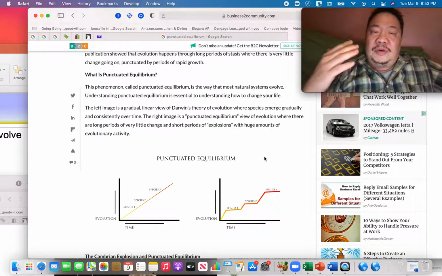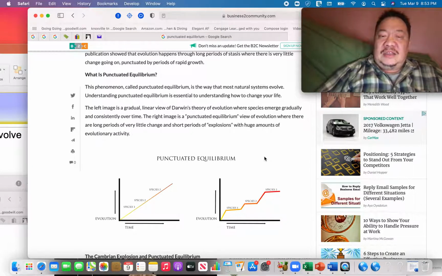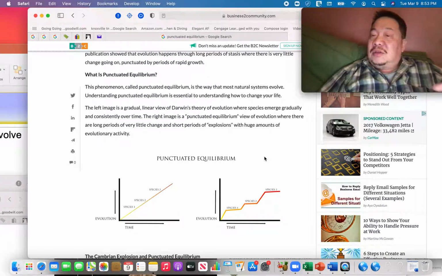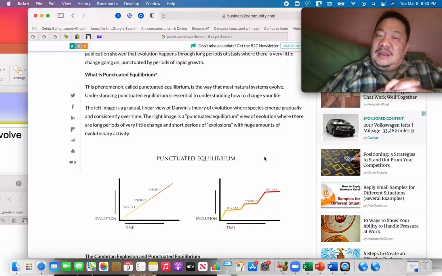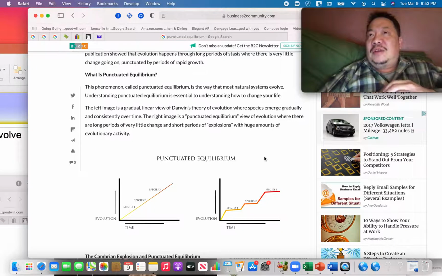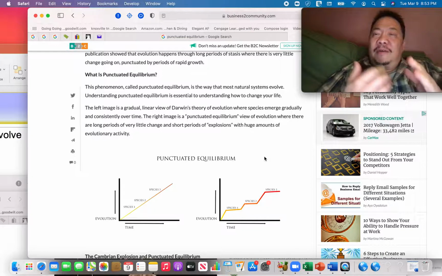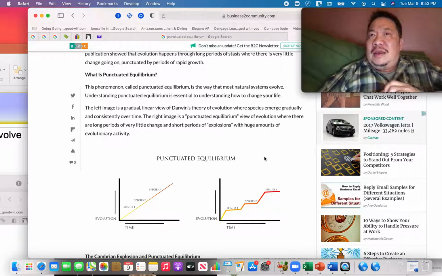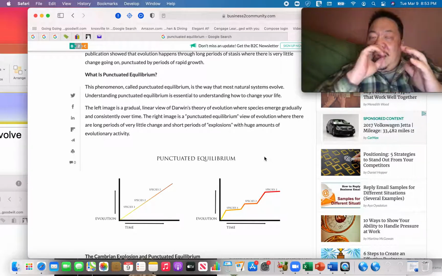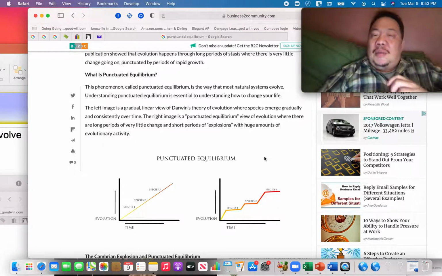For over hundreds of millions of years, cockroaches have stayed the same. Why? Because there's no reason to change. Sometimes everybody gets to pass on their DNA. If there's plenty of food around and a lack of predators around, everybody passes their DNA on.